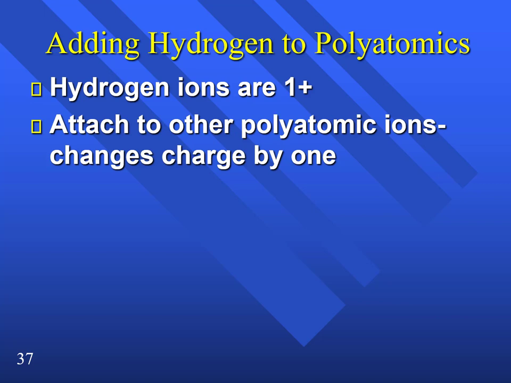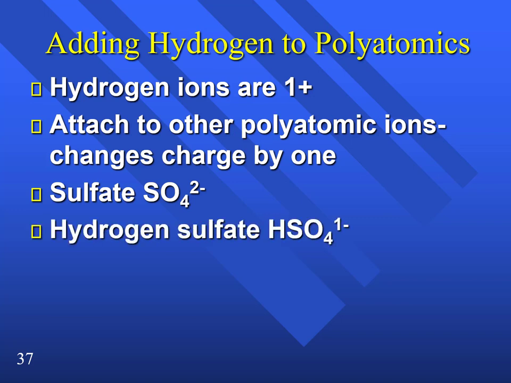You're going to have hydrogen and 1 less charge. So since sulfate was SO4 with a 2 negative charge, hydrogen sulfate would be HSO4 with a 1 negative charge. Add the hydrogen, lose a charge. There is no reason to memorize hydrogen sulfate because you can see the sulfate part, right? That you should recognize.